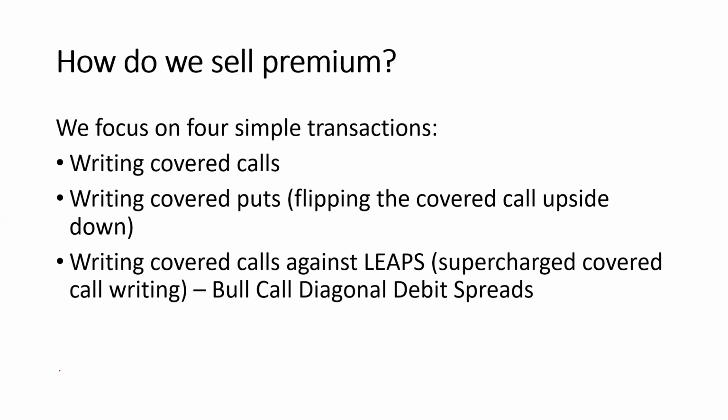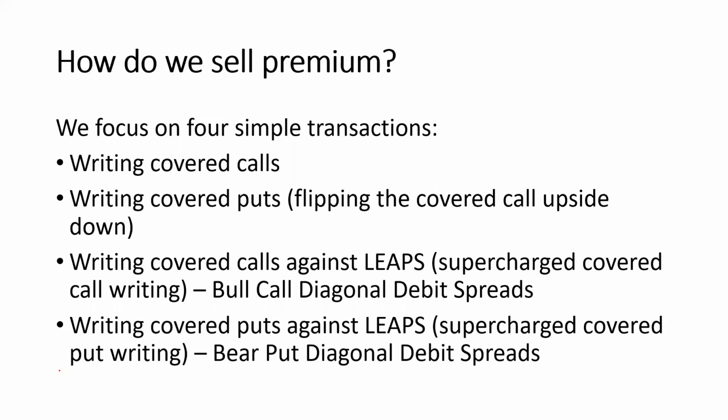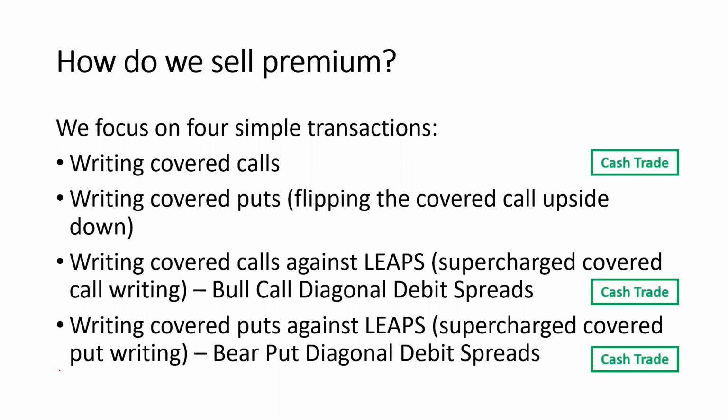These are called bull call diagonal debit spreads. And I do a particular variant of those bull call diagonal debit spreads that make analysis simple. I also like to write covered puts against leaps. These are called bear put diagonal debit spreads. And if you're taking notes, which I hope you are, please note that the covered calls, the bull call diagonal debit spreads, and the bear put diagonal debit spreads, those are all cash trades.